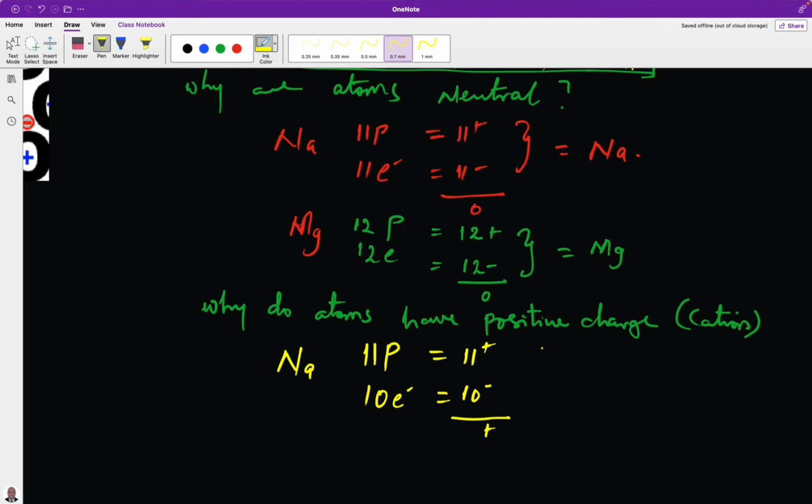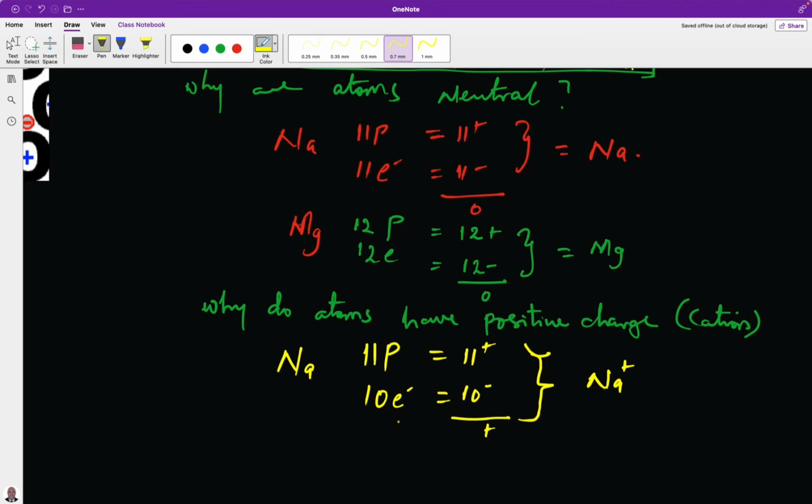So sodium will be a sodium ion with a positive charge. We now say atoms form cations because they have more protons than electrons.